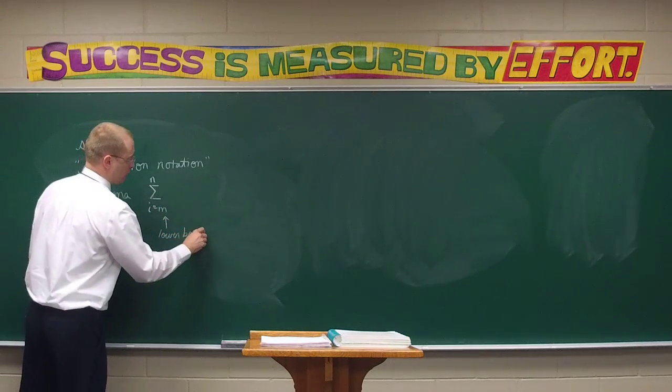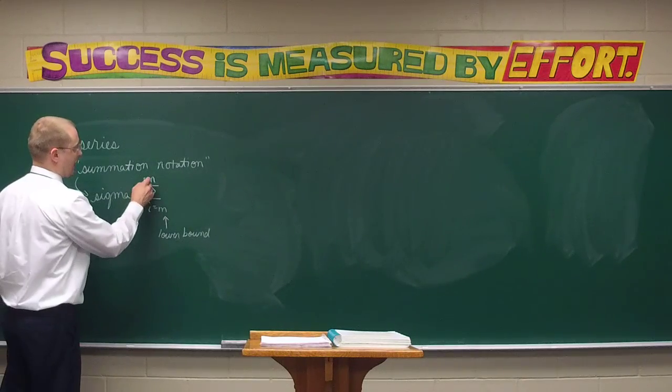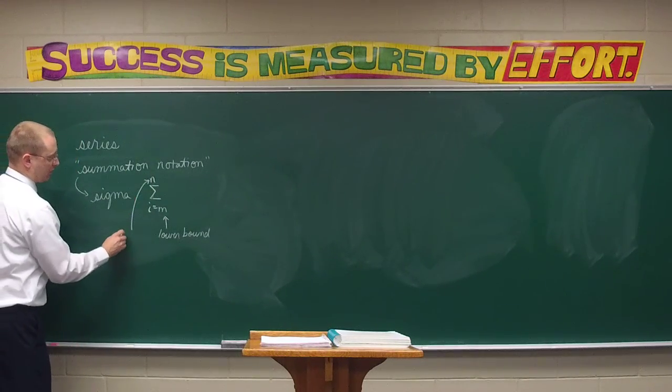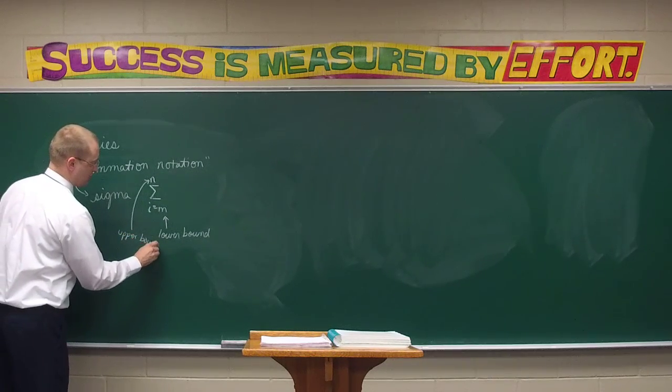A bound or boundary is the edge of something. It binds it together, it encloses it. The lower bound is the lowest number that gets plugged into the series. n is called the upper bound. This would be the biggest number that you plug into the series.